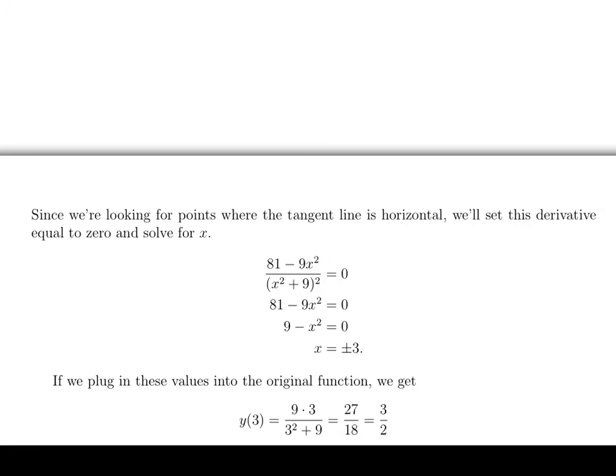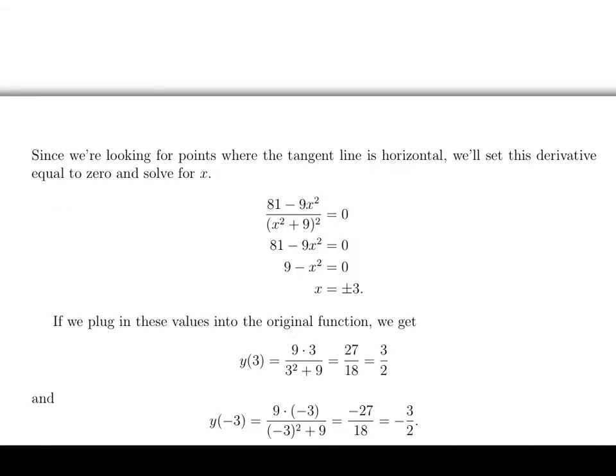This all works out to 3 halves. You may want to double check the math, make sure it looks good. So that's the y value corresponding to the point where x is equal to 3. We also have negative 3 to plug in, and if we do that, now we'll get negative 3 halves. And so that's the y value associated with x equals negative 3.